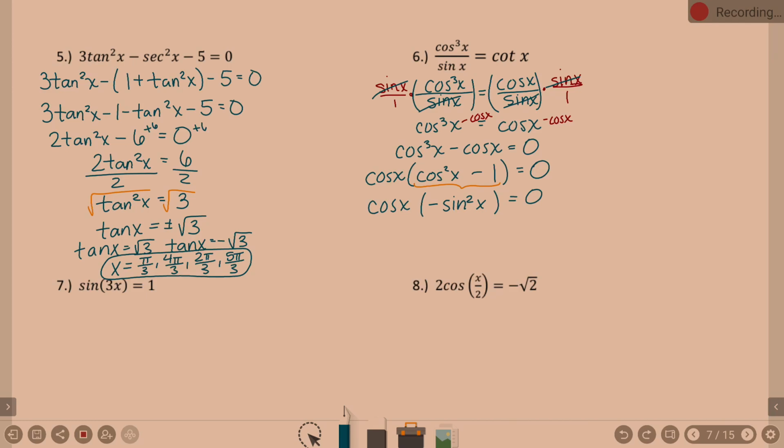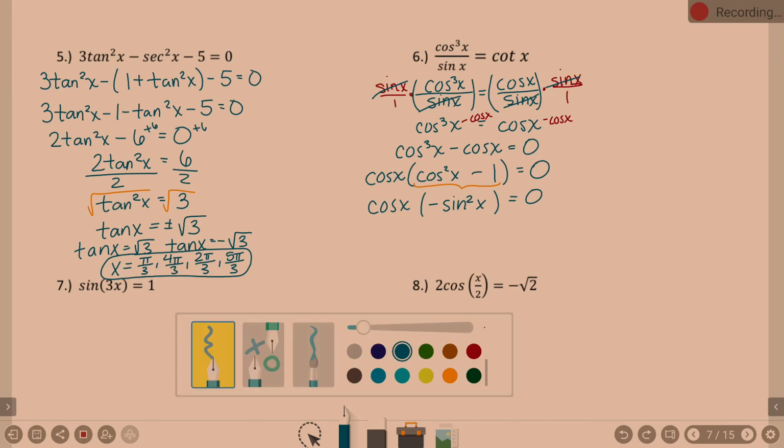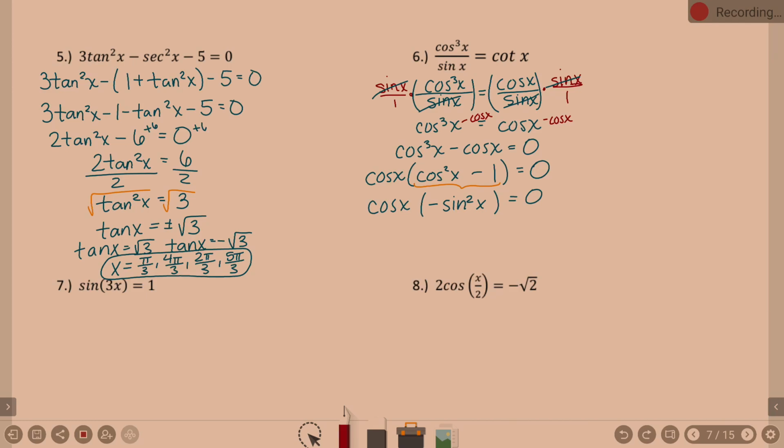Yes? And if you need to, you can sidebar, and I don't know where you guys have room, but you can always think, okay, it was sine squared x plus cosine squared x equals 1. Well, if I'm going to make this cosine squared x minus 1, then you're going to subtract 1 over, but then you're also going to have to subtract the sine squared x over, yes?